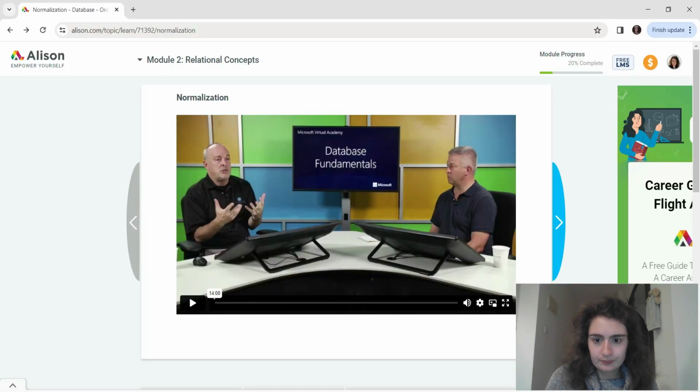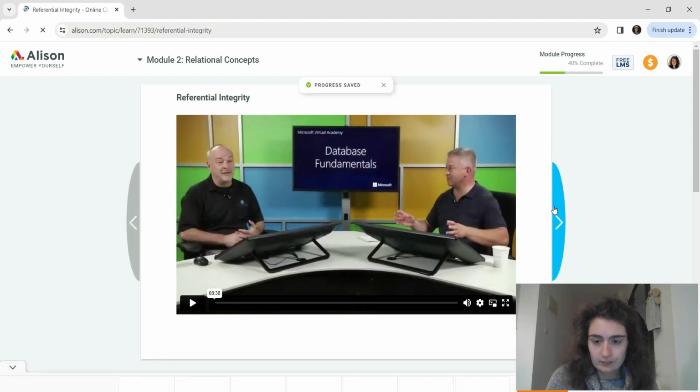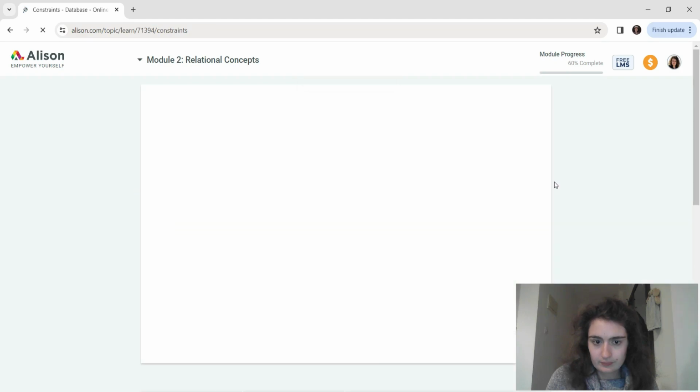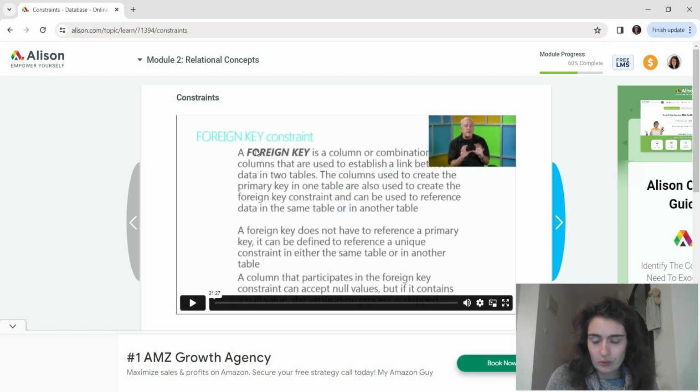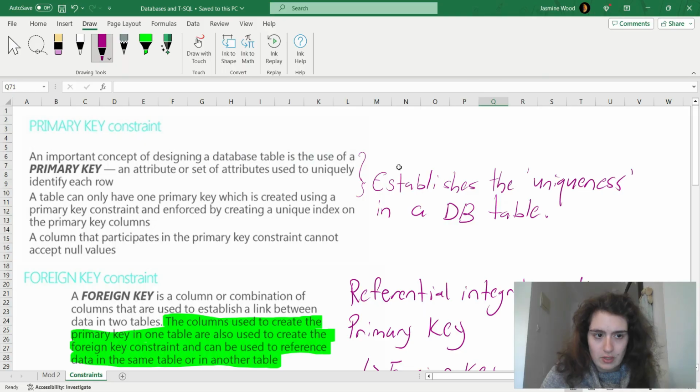So we will continue onwards to the next concept, constraints. More specifically, foreign key constraints in relational databases. So here I've basically delineated some of the concepts discussed in the video from the module.